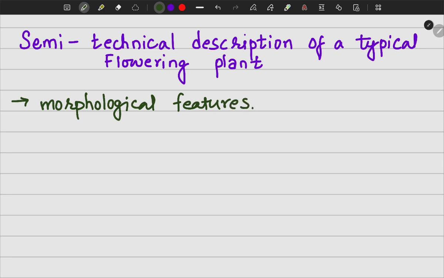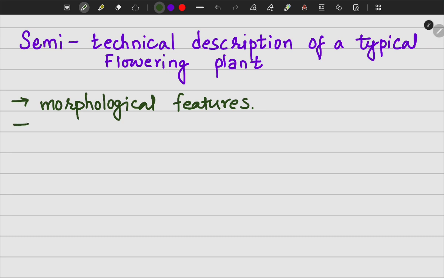Till now we studied almost all of the morphological features of a typical flowering plant, starting from the root, then the stem, then leaves, and then finally the flower. Using all these parts, we describe a flowering plant using the various morphological features present on it.